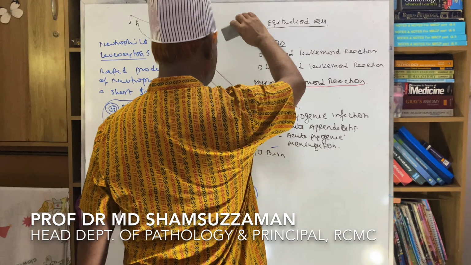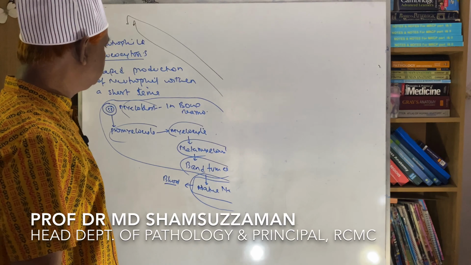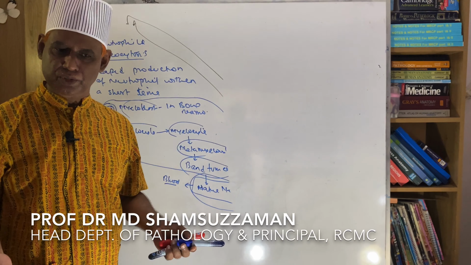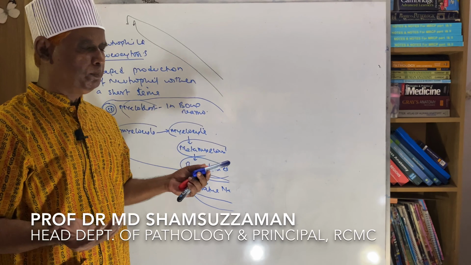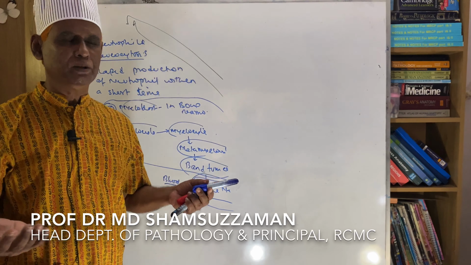Dear audience, if anybody suffers from myeloid leukemoid reaction, there will be leukocytosis in the blood picture. There will be immature cells like promyelocyte, myelocyte or myeloblast, and the patient will suffer from fever.